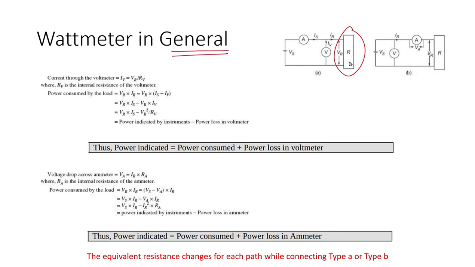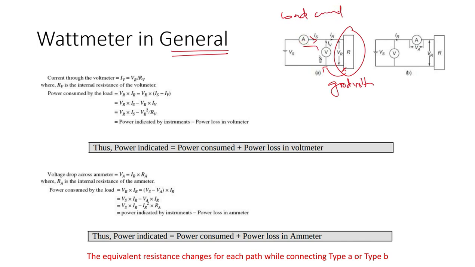So two methods. The first one is using a voltmeter in parallel with the resistance. In this case, this voltmeter will give us a good voltage, but this ammeter is giving us a bad current. Why bad current?